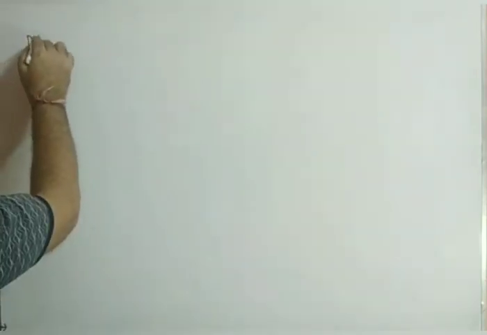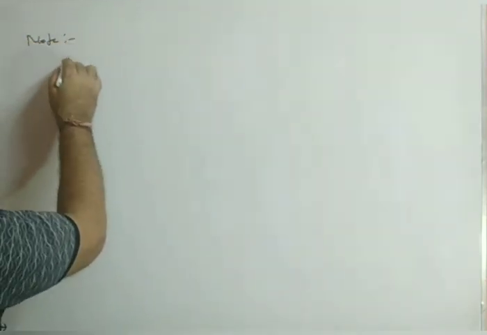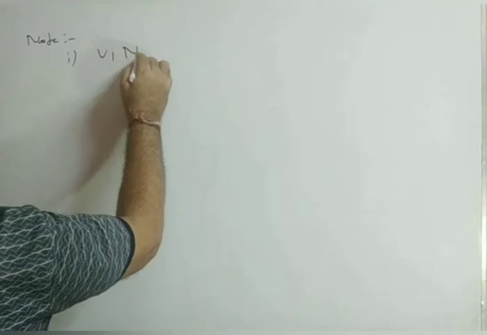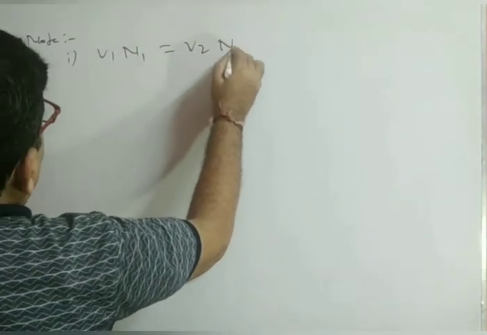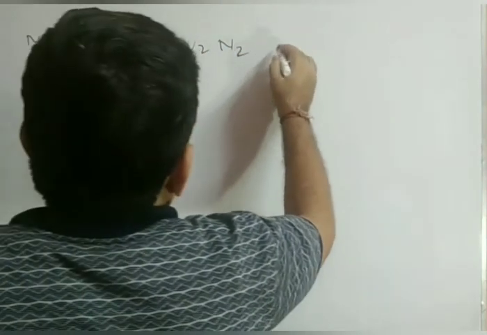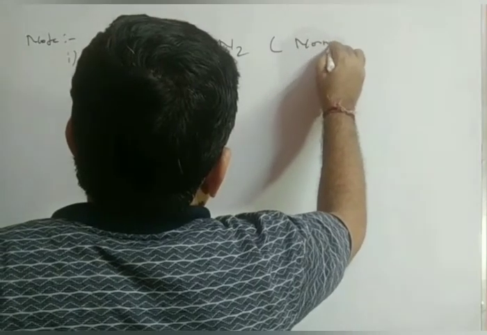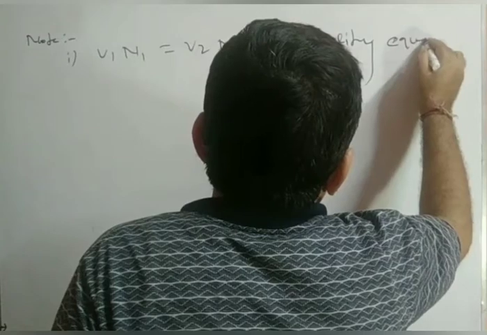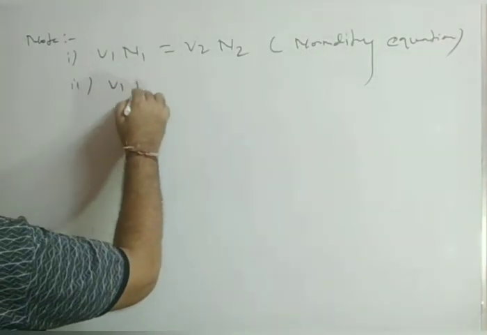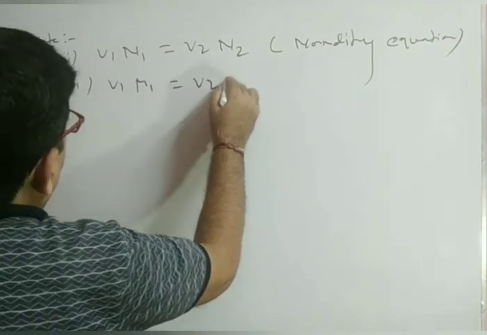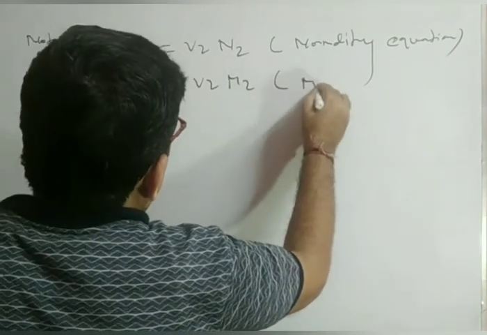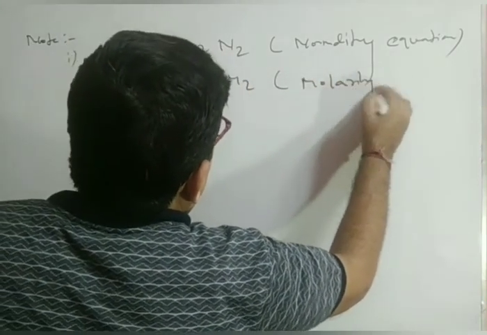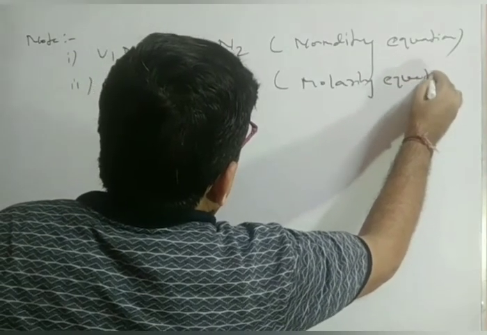Note. First one, V1N1 is equal to V2N2. This is known as what? Normality equation. Second one, V1M1 is equal to V2M2, known as molarity equation.